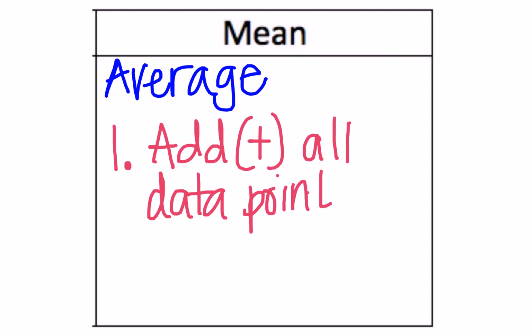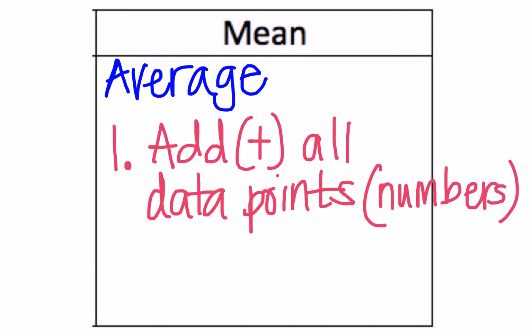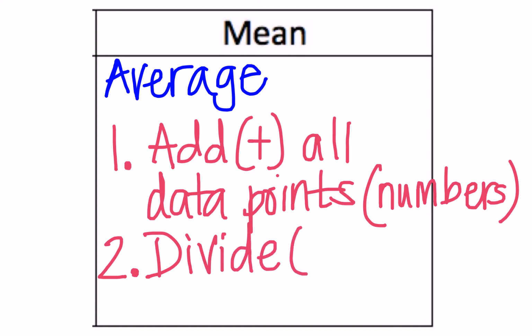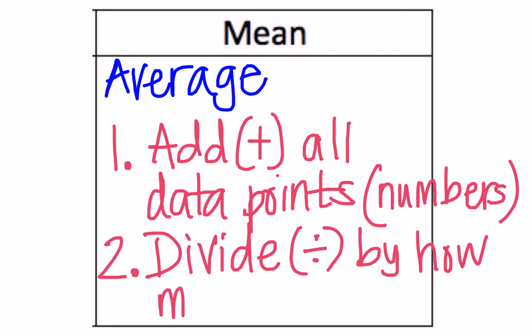And by data points, I just mean numbers. So you're going to add them all up. And then step two, you divide by how many data points you have, or how many numbers there are.